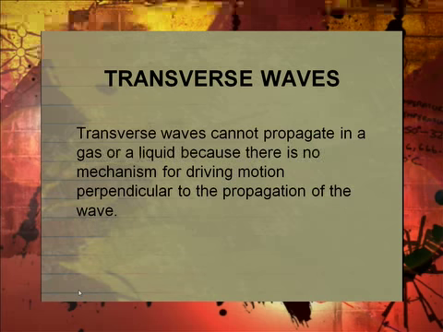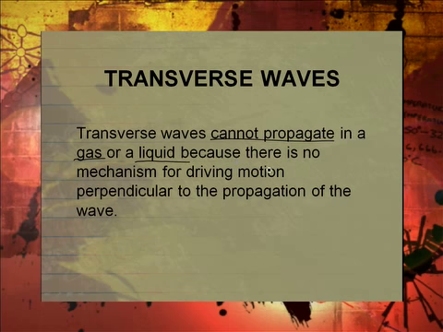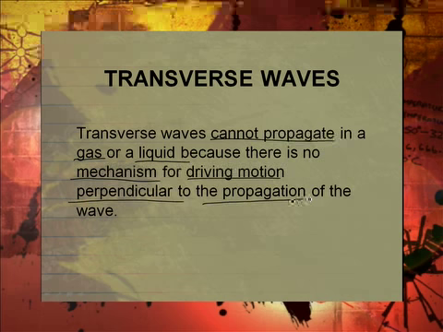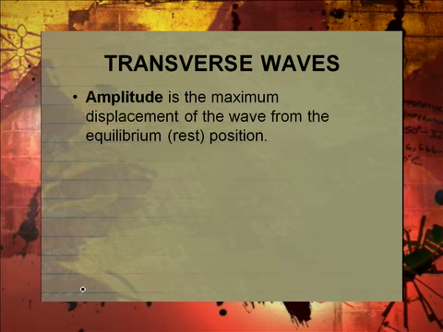Now continuing with transverse waves. Transverse waves cannot propagate in a gas or liquid, because there is no mechanism for driving motion perpendicular to the propagation of the wave. So looking at the transverse wave again, continuing to look at the features of the wave, like I showed you earlier on that drawing, we have something called the amplitude.